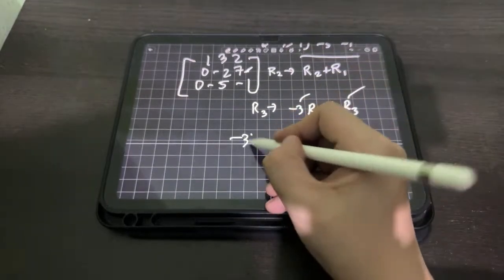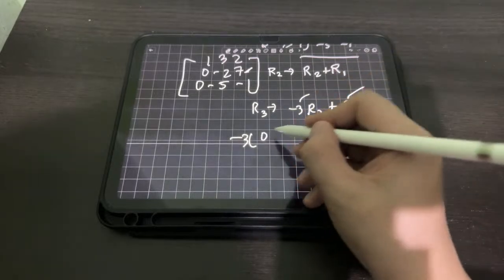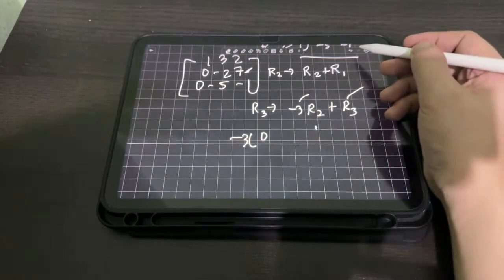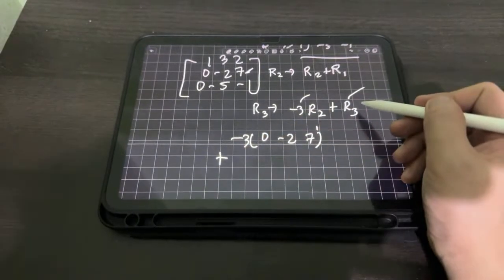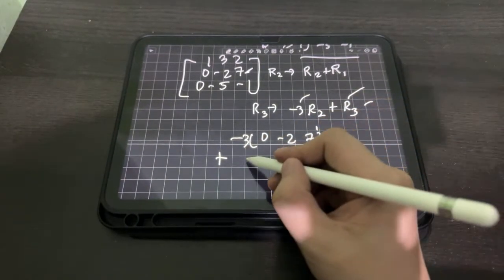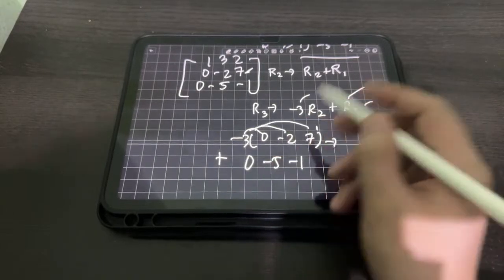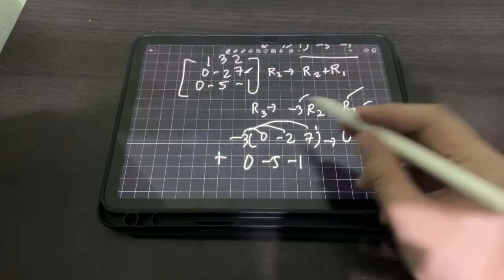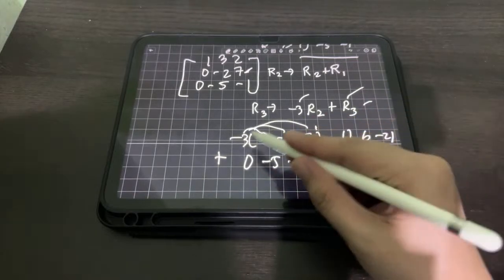So negative 3 times the entries in R2, 0, negative 2, 7, plus entries in R3, 0, negative 5, negative 1. Distribute the negative 3. So 0, plus 6, minus 21.